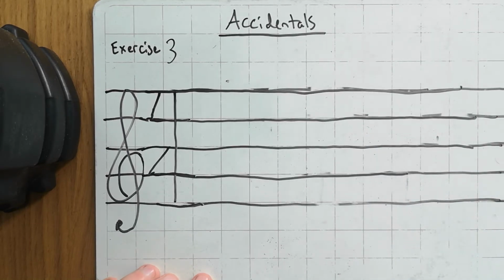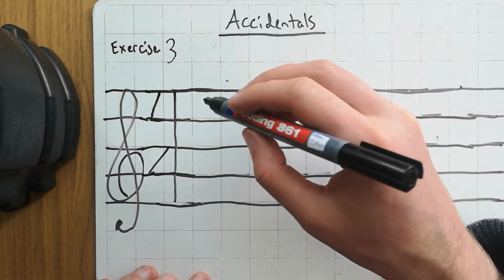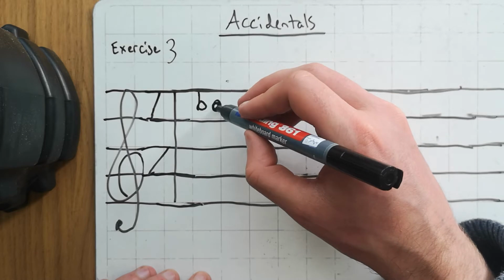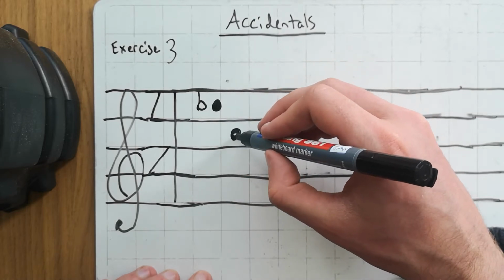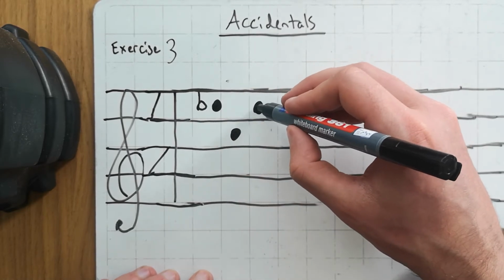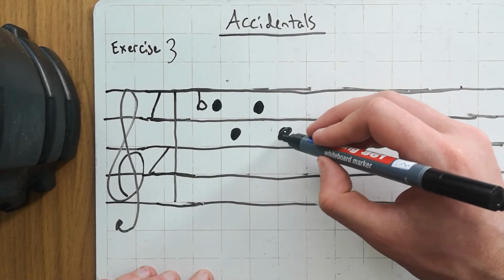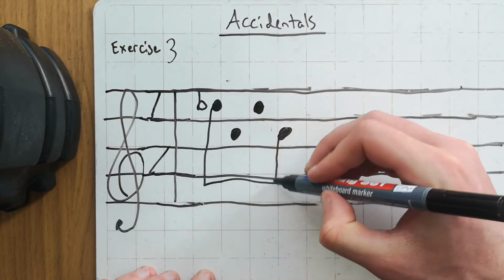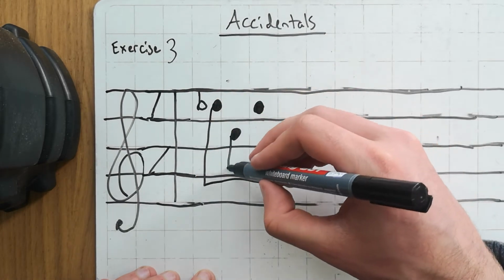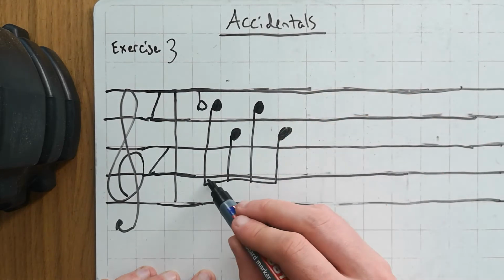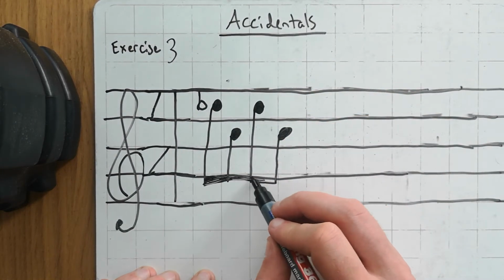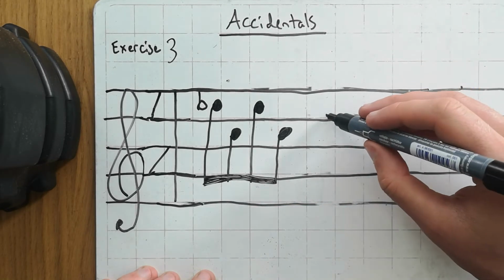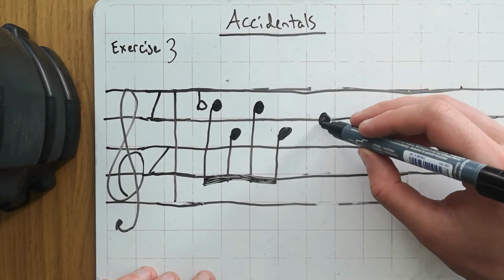Okay, let's do one final one. Okay, and tell me what these notes are. So we're in treble clef still. We're in 4/4. As you can see, that's 4/4 at the start there. I'm going to make sure that's really clear. These are quavers, not semiquavers. Okay, so I've got 4 quavers there at the start.